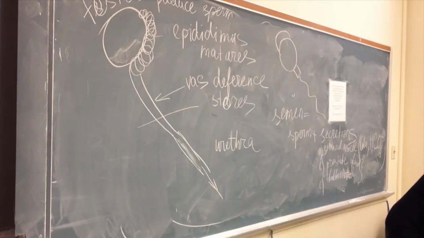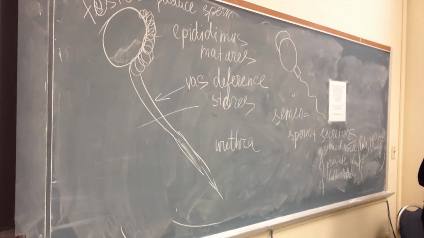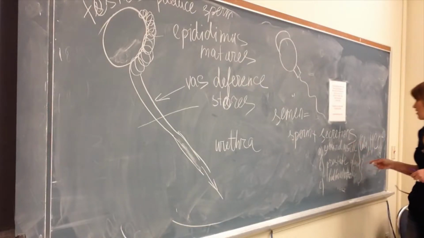So everything is listed here. And for prostate and bulbourethral gland, it says contributes fluid to semen. These different kinds of fluids also help the sperm move.